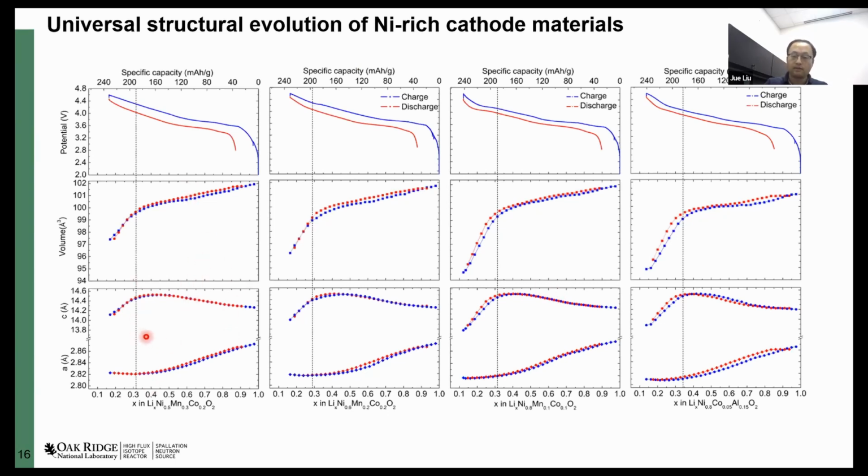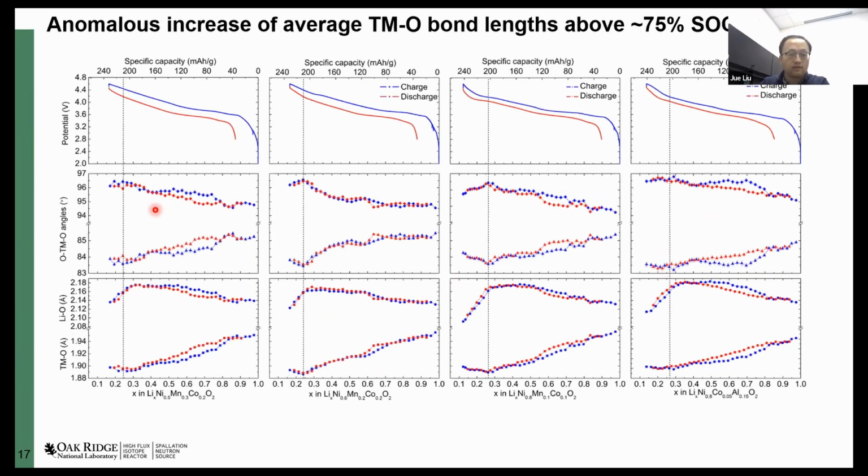As you can see here, you immediately notice there's a universal lattice parameter change, that is the collapsing of the volume at about, I think, 70% delithiation, for different compositions. What is more interesting is that when we look at the detailed bond length changes, this is really interesting information.